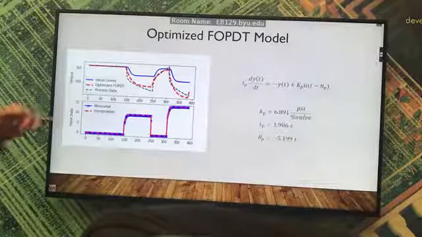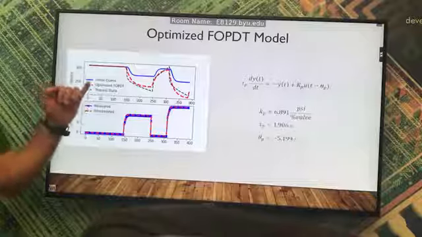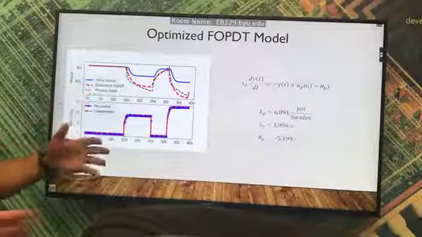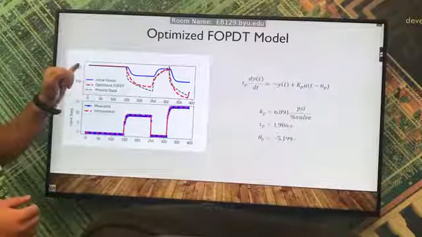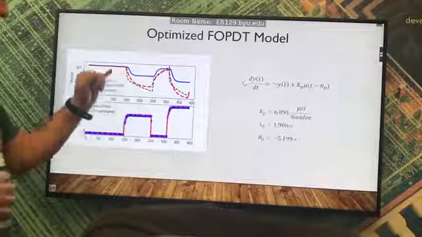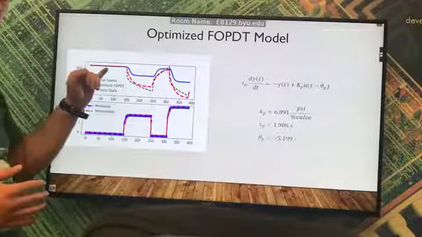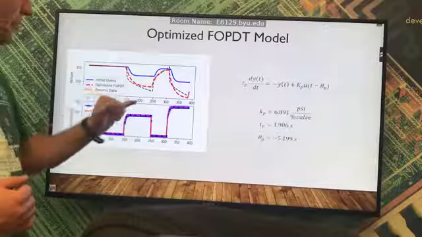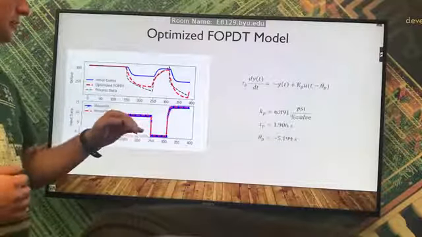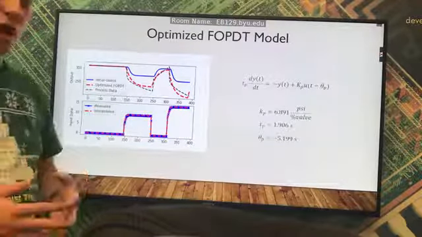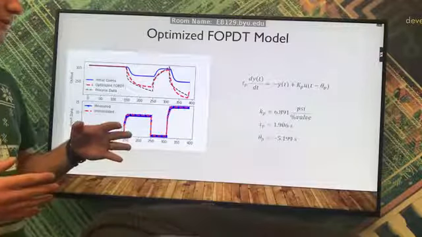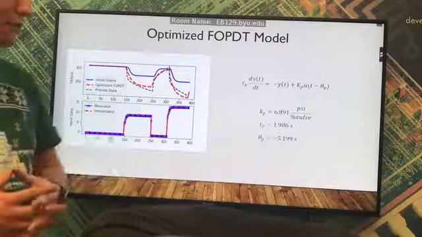The next thing we did was get actual data from the system. We let the system get to about 300 psi, and then opened the valve and took that data. We tried to use an optimizer to fit the data to an FOPDT model.